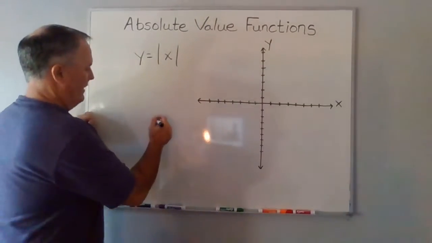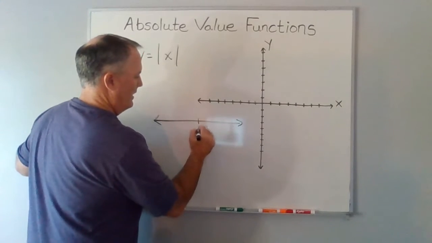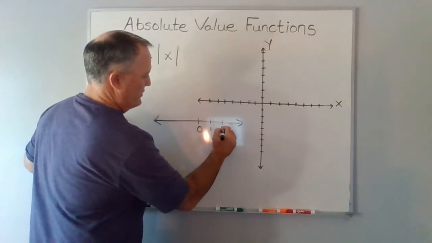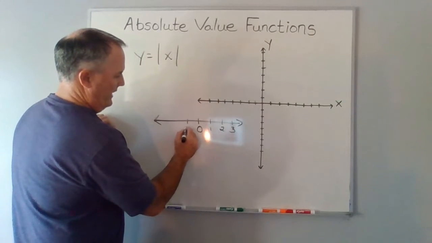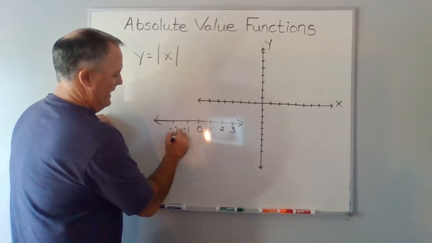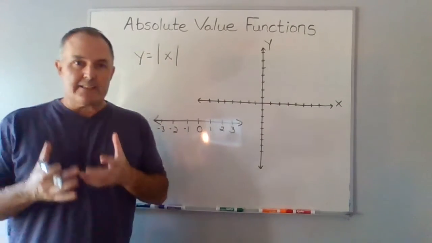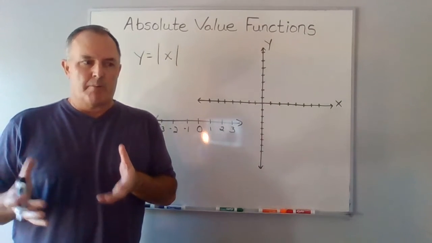So, if I had a basic number line with zero in the middle, and I got 1, 2, 3, and I also have -1, -2, -3, it doesn't matter whether I use a negative number or a positive number.